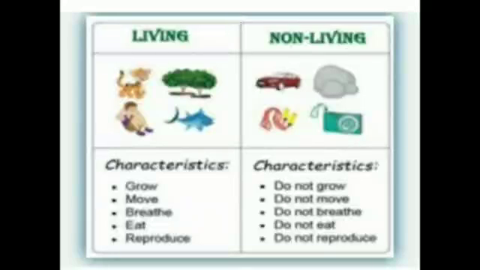Living things move, non-living things do not move. Living things breathe, non-living things do not breathe. Living things eat, non-living things do not eat. Living things reproduce and non-living things do not reproduce.